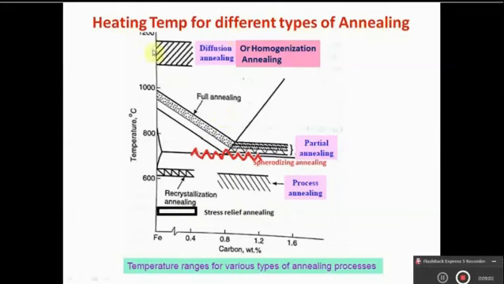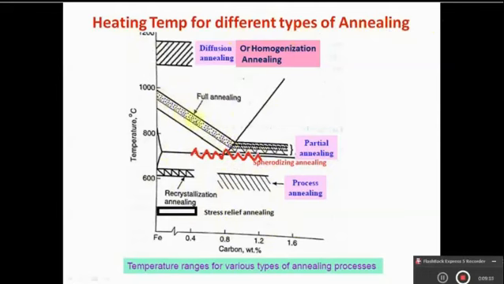So this graph indicates different temperature zones, that is heating temperature zones for different kinds of annealing heat treatment processes. It is a portion of the steel iron carbon phase diagram. It is 0.8% carbon steel here. So mostly hypo-eutectoid steels are heated above A3 temperature in case of full annealing heat treatment.